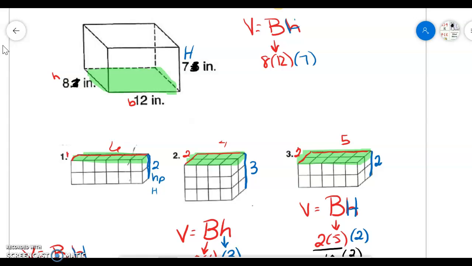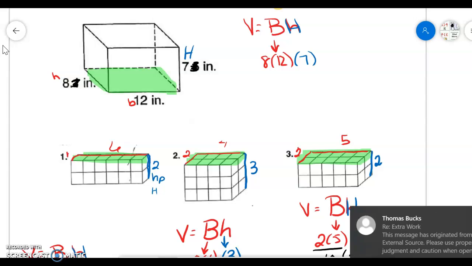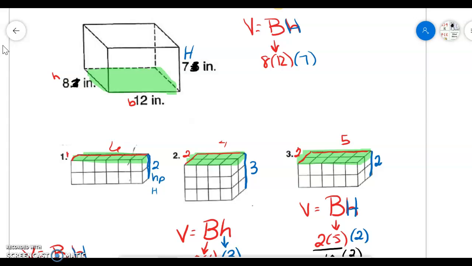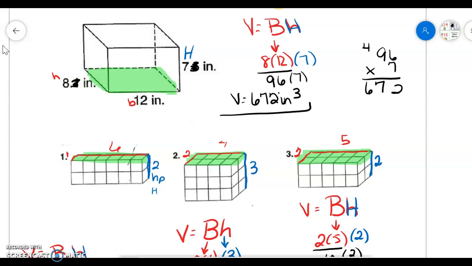Remember, this H is always the number that is not connected to that base shape that we've colored. So now we can multiply. 8 times 12 is 96. 96 times 7 is 672 inches cubed, because we have units on this one.